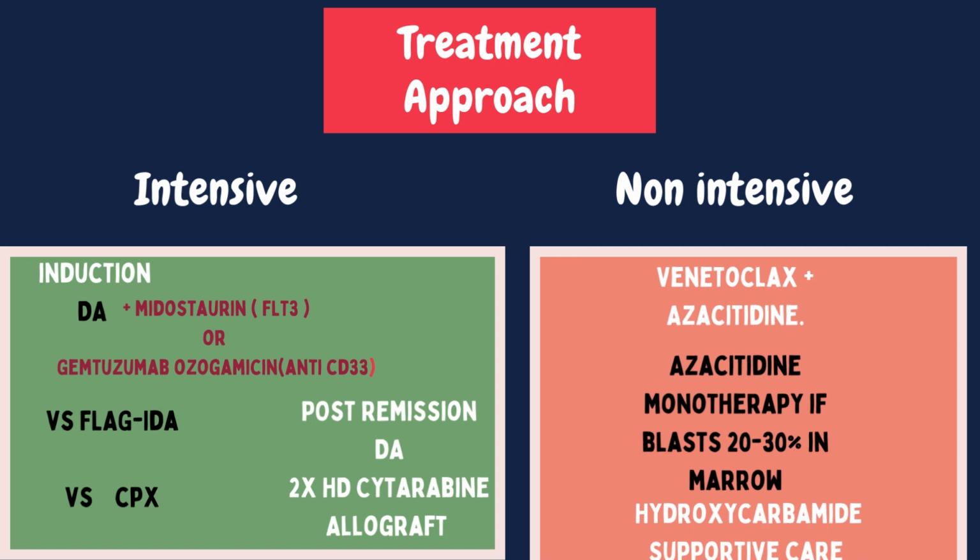For patients who are adverse risk, as soon as they achieve remission, they will proceed to consolidation with an allograft. In patients who do not respond or do not go into remission after DA, you can escalate treatment to FLAG-IDA. CPX is also an intensive therapy and can be used in secondary AML or patients who have previously had cytotoxic therapy and their AML results from previous chemotherapy.